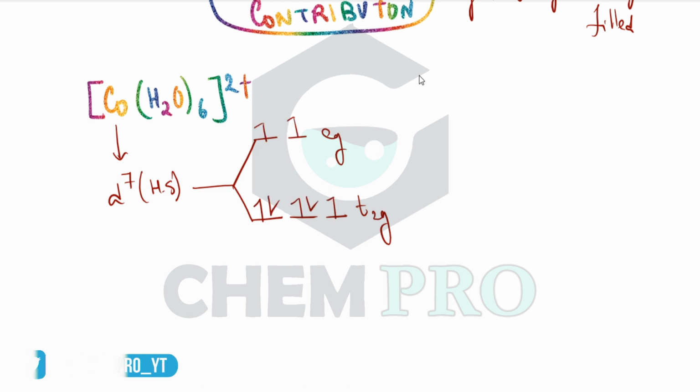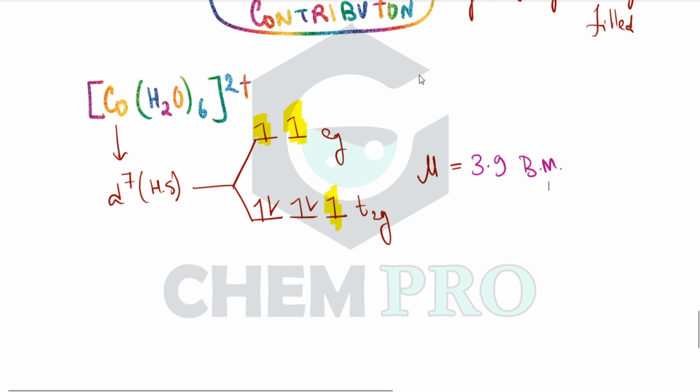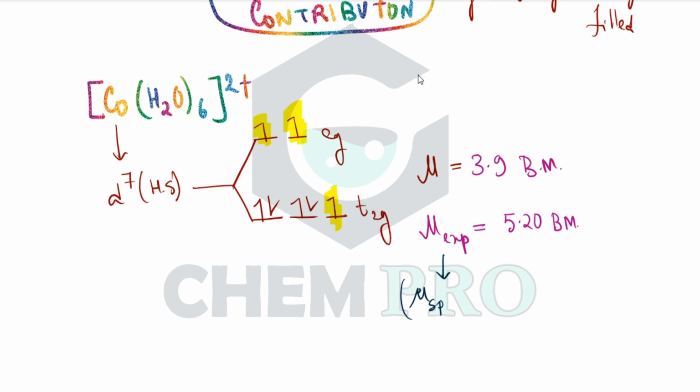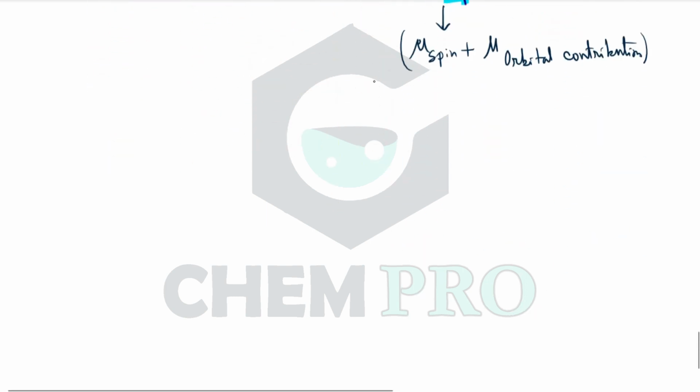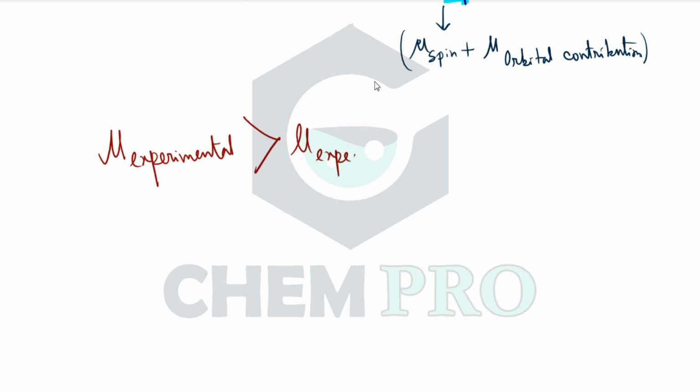So the mu value for the 3 unpaired electrons should be 3.94 Bohr magneton, but the mu experimental value is 5.20 Bohr magneton, and this is only because of the mu spin-only value and the mu orbital contribution. So the value is higher than expected. So we can say that the mu experimental value is higher than the mu expected value because of the orbital contribution.